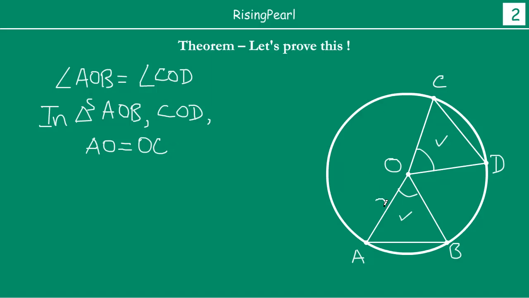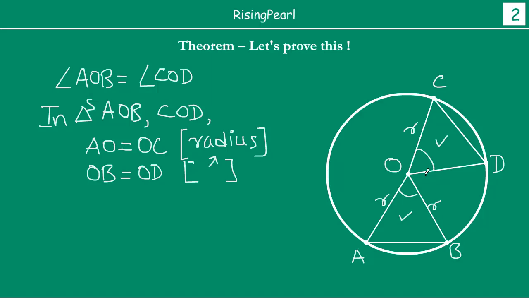Because both are actually radius of the same circle, right? So इन दोनों की length same है. Similarly, OB is equal to OD. OB या फिर BO जो भी आप लिखे दोस्तों, it's the same thing, is equal to OD. Why? Again the same argument, right? They are both radius.